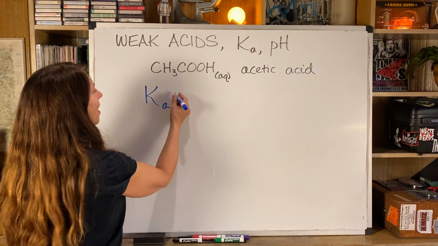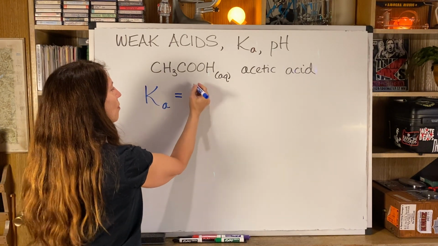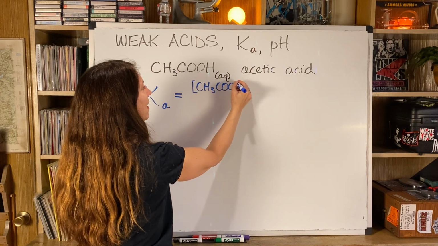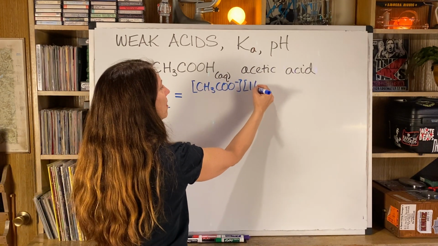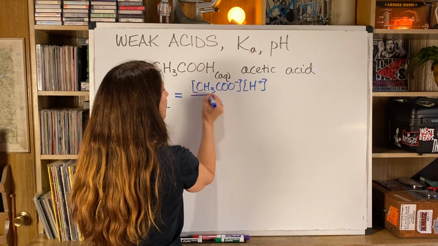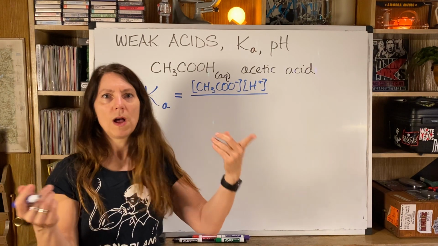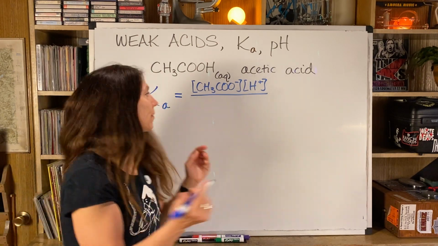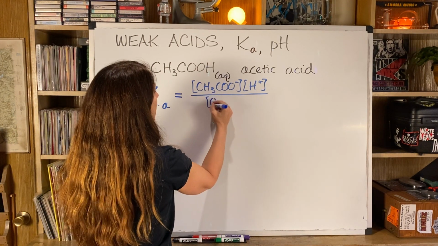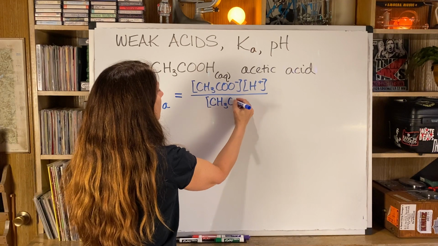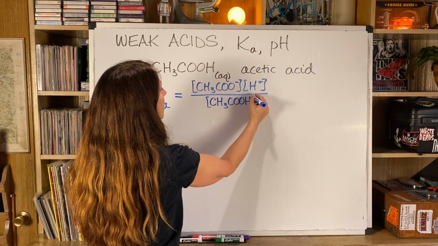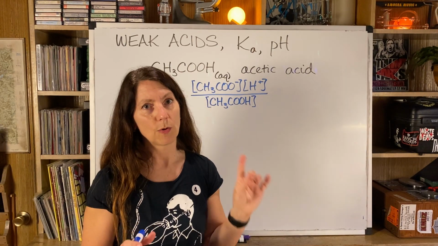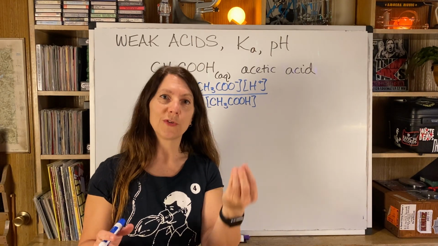In the case of acetic acid, our products, if you recall, were the acetate ion and the hydrogen ion. Our reactant was the acetic acid molecule. And right here is a great example of one of the reasons why it does work to ignore the water, because water is a pure liquid.